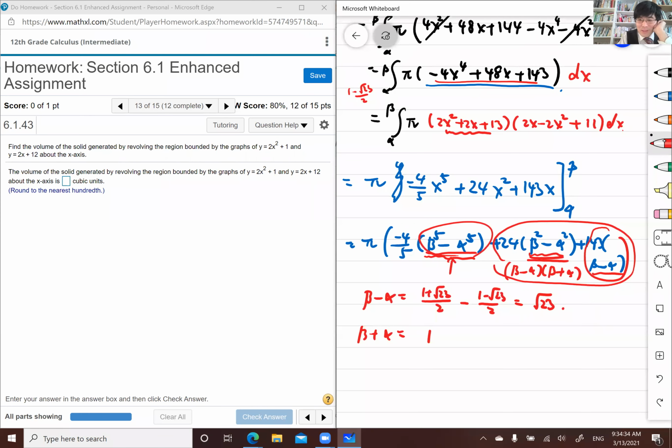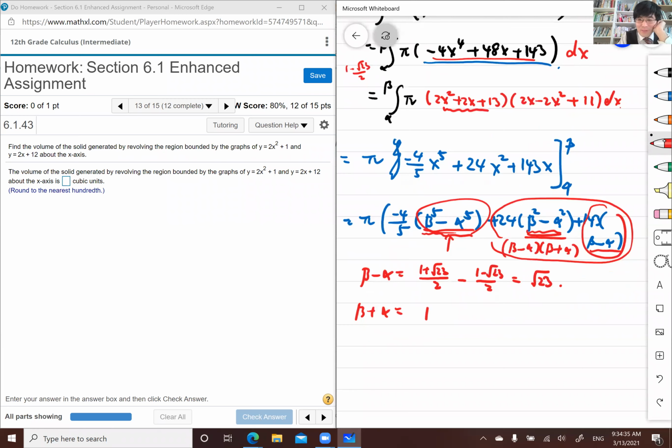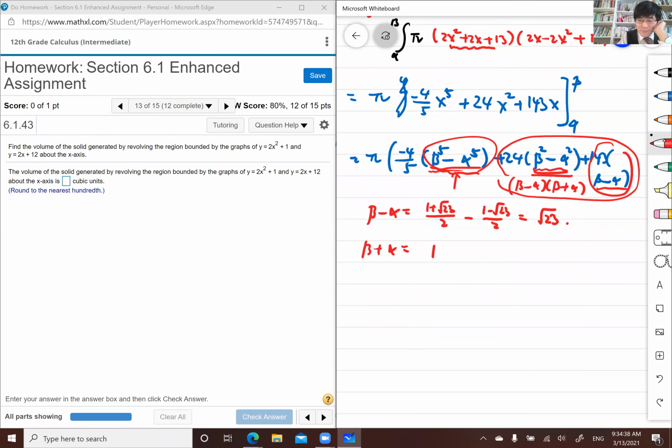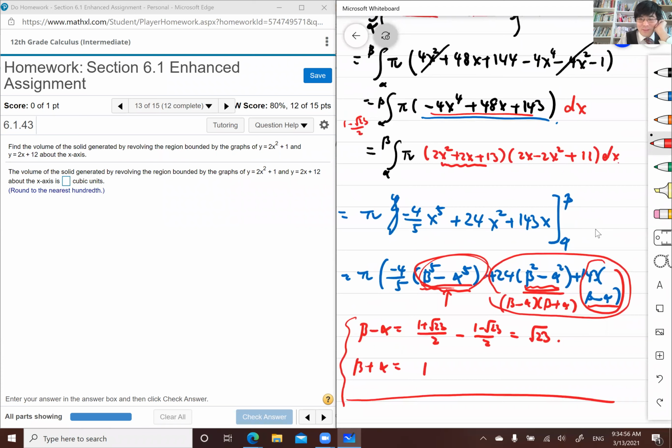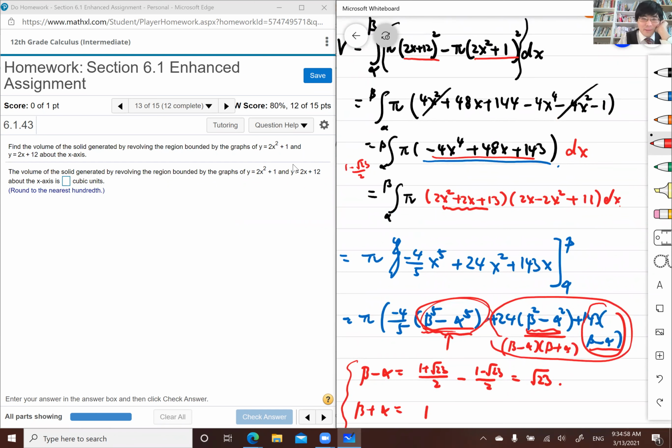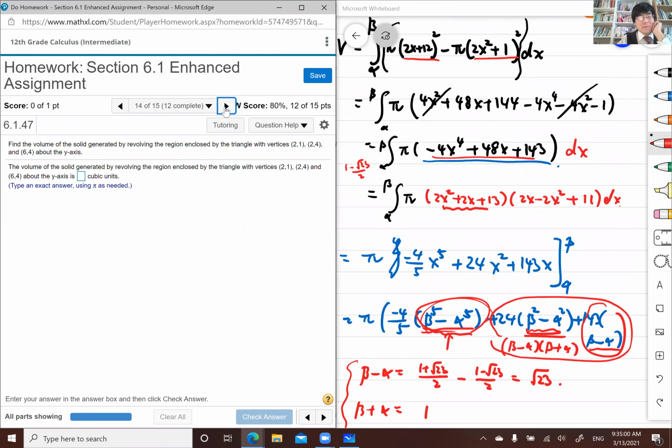The problem is the power of 5 here. This can also be broken down, but we would need more work, which is out of the topic of this section, so I'm not going to explain it. Please feel free to use a calculator to find the volume after you set up the equation here, okay?